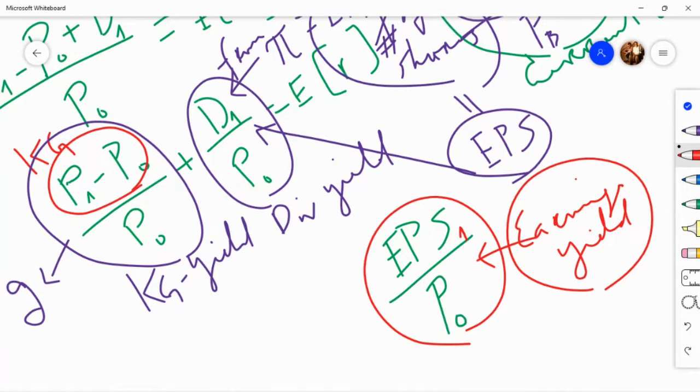Clearly, the one with the greater earnings yield. So it's a very direct metric of earnings power. But there's more to this.